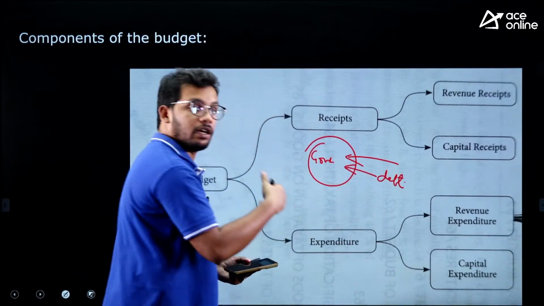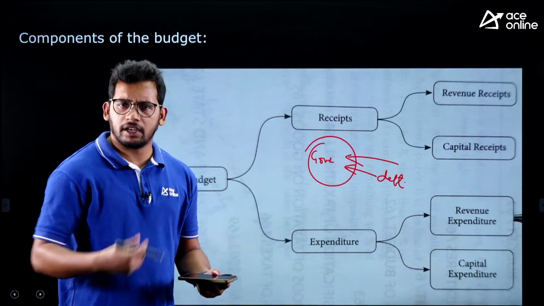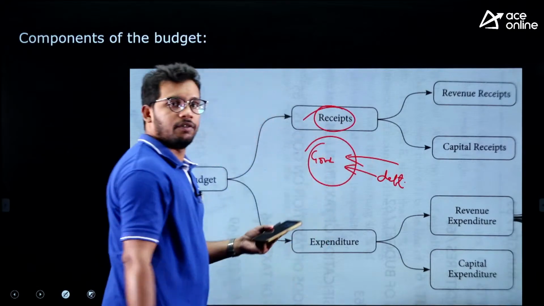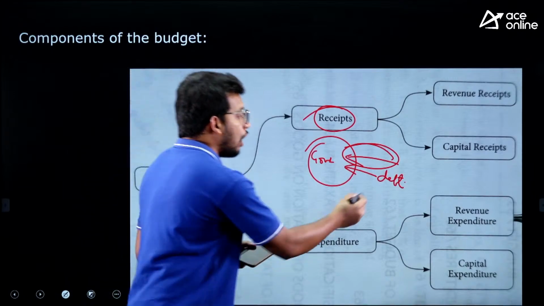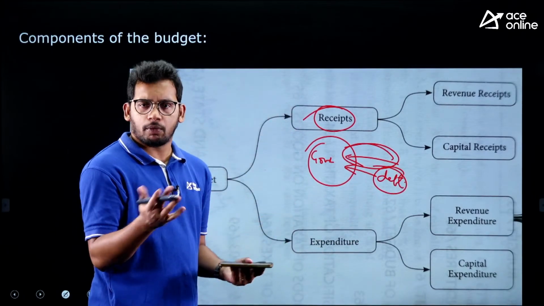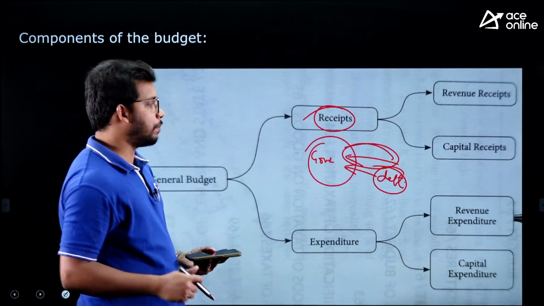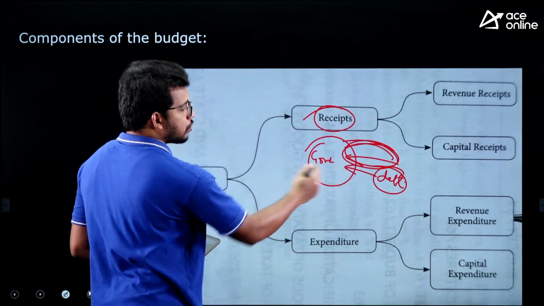They might take debt from private companies or by releasing bonds. So receipts consist of one-time payments such as taxes, that is revenue, and also the debt.